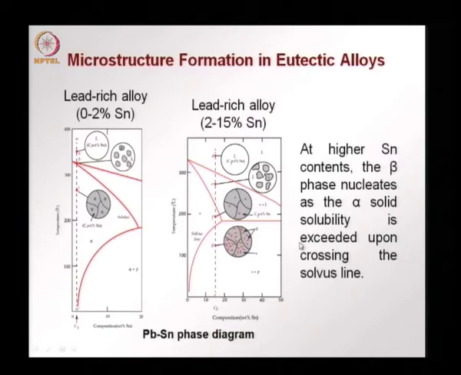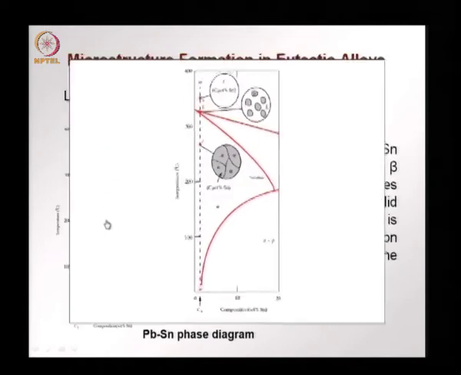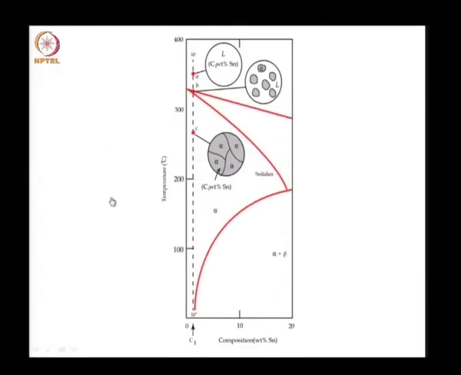Now, as the composition changes, the microstructure also will change. Let us take the case of a lead rich alloy, that is very little tin, tin percentage less than say about 2%. So, you will have a melt here with that particular composition. In point A, you have a complete liquid phase.